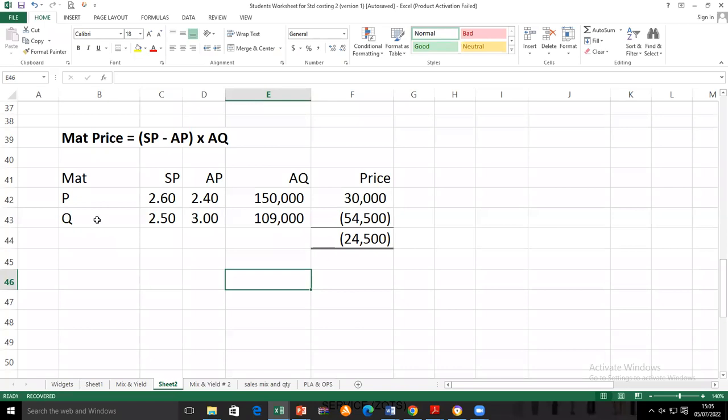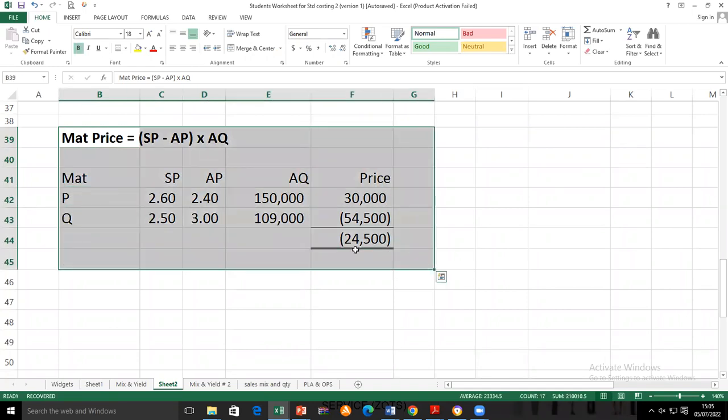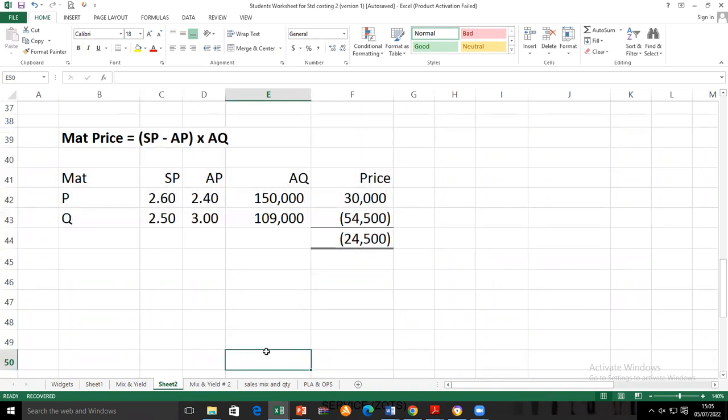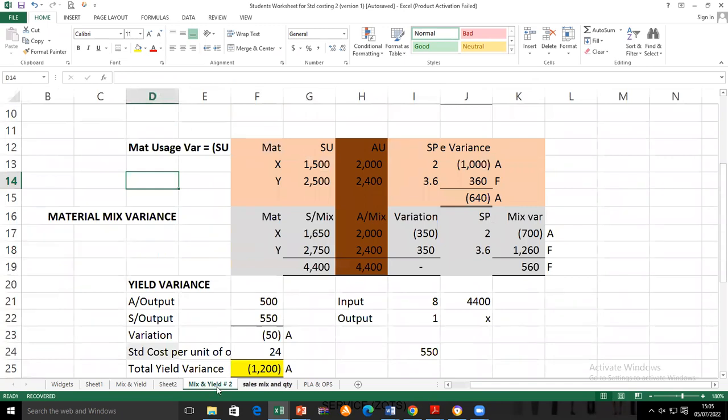Are we happy with our material price variance? Everybody, are we happy with the material price variance?